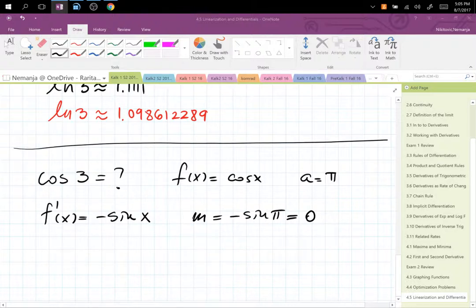So the only thing that we can do here, as we are calculating, is: a is pi, so the y value is cosine of pi, which is -1. So we have the point pi, -1 and m to be 0.